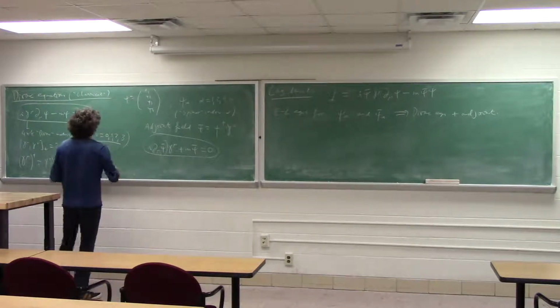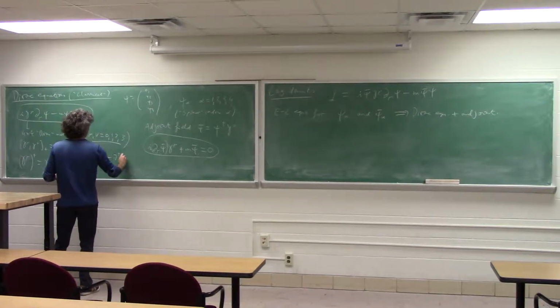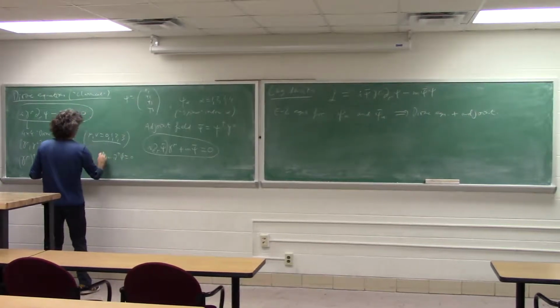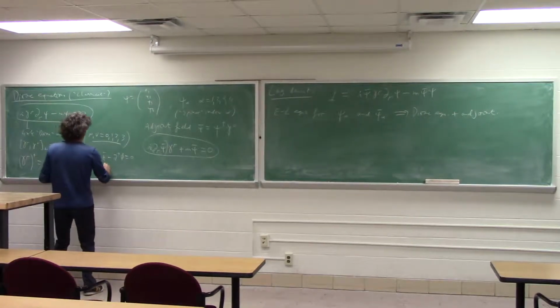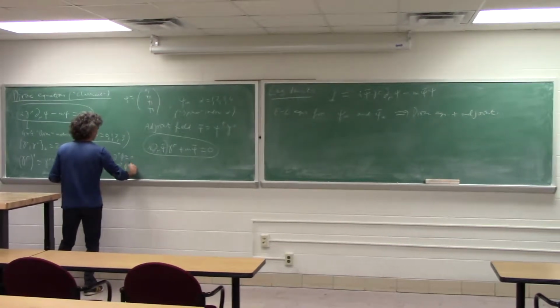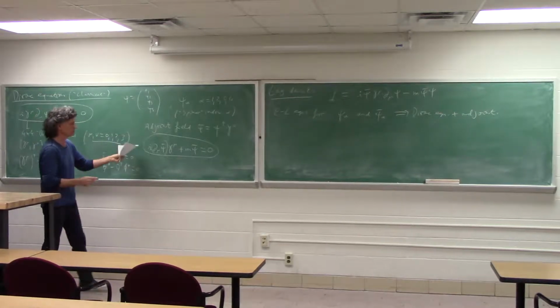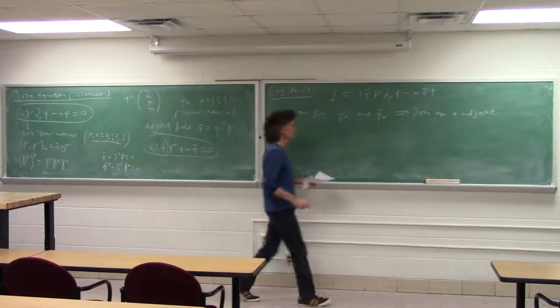It's like saying, I have the Klein-Gordon field, and then I have the equation for its complex conjugate. There's no new information here. Okay, it's just a Hermitian conjugate of the Dirac equation.